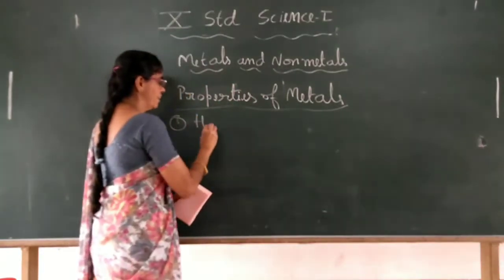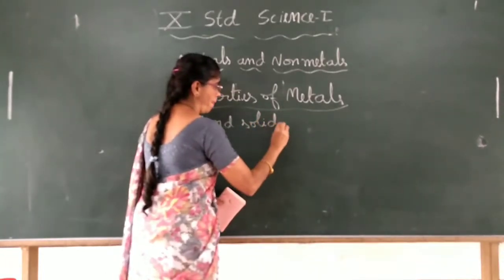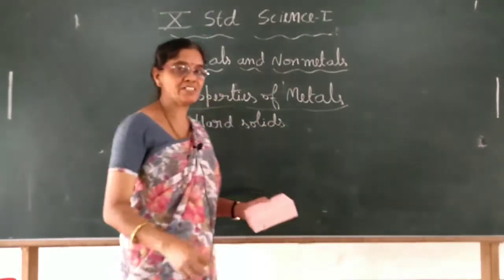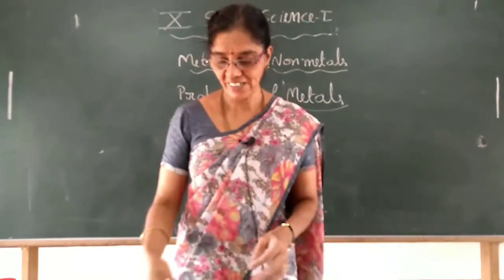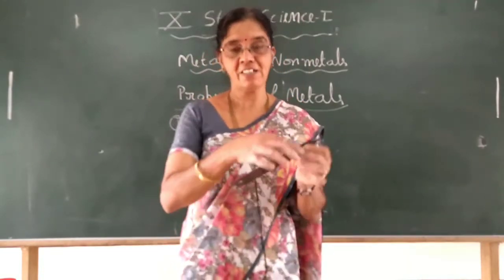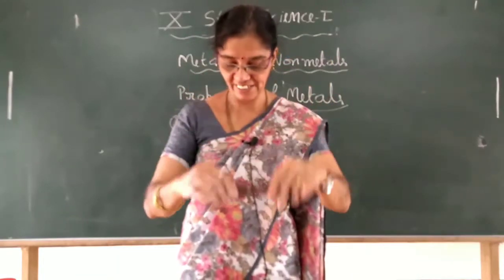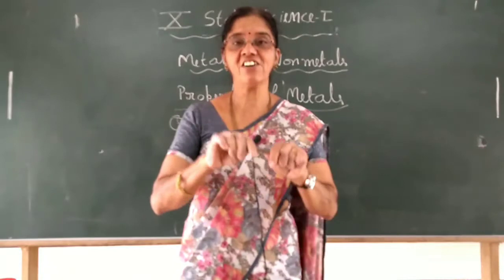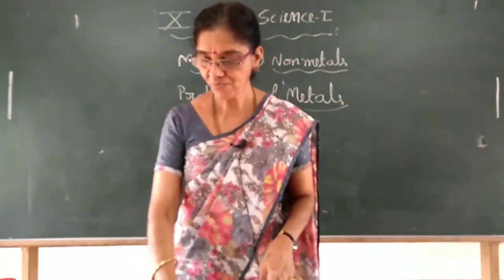At room temperature they exist as solids, you cannot cut them. Say I have copper, can you cut it? Very hard it is, I cannot cut it. Or this is iron, I cannot bend it, very hard it is.